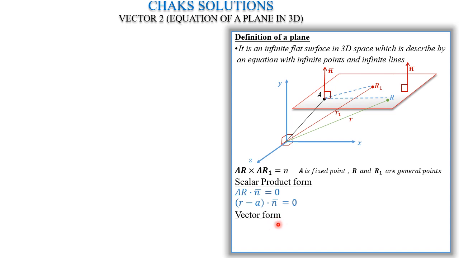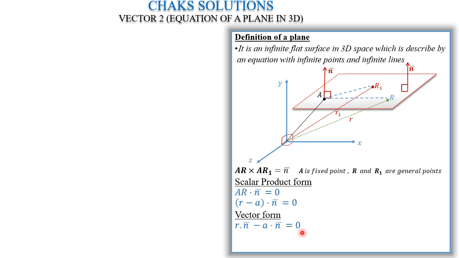For the vector form, we are just continuing from the scalar product form. The dot product is distributive over addition and subtraction, so we can distribute the normal under the dot product. It's going to give us r dot n minus a dot n equals 0.